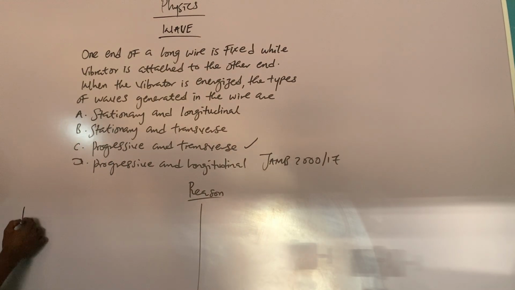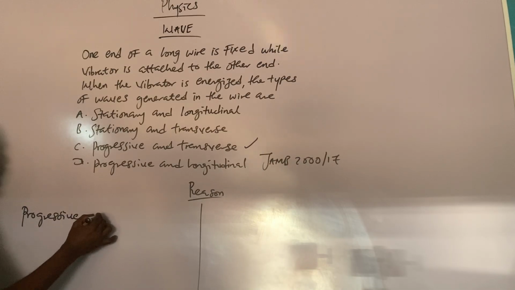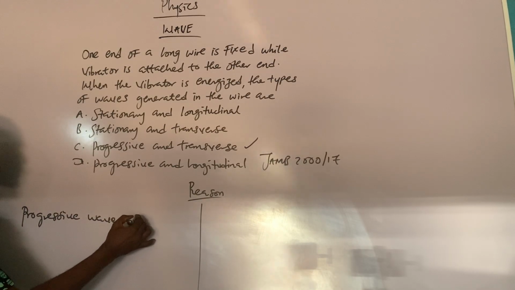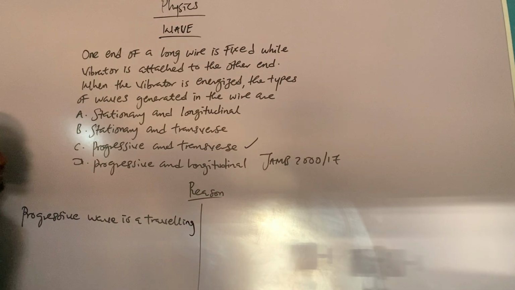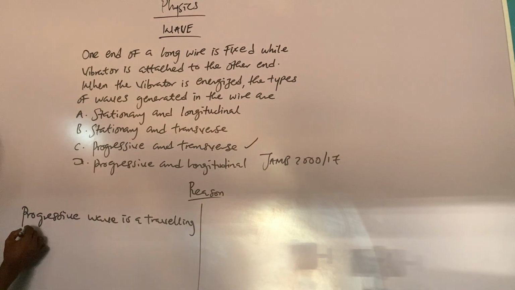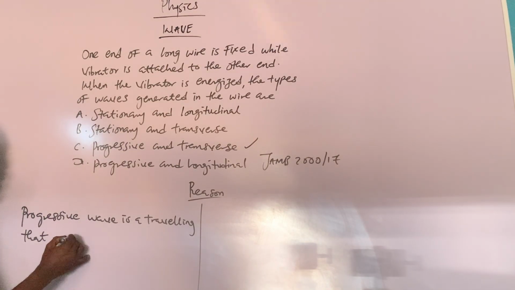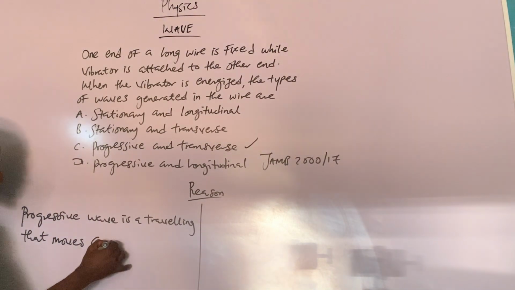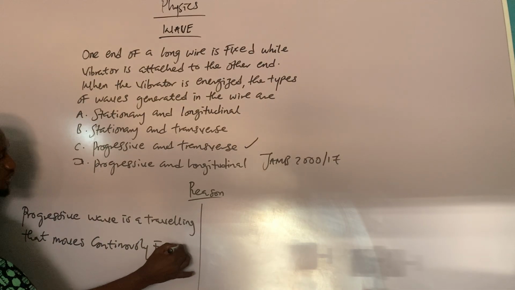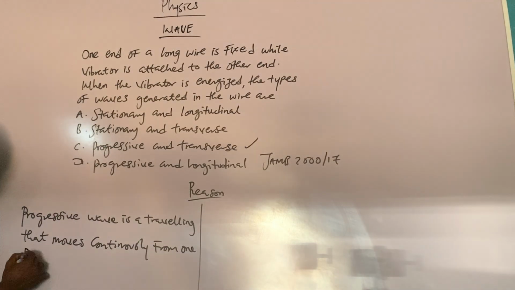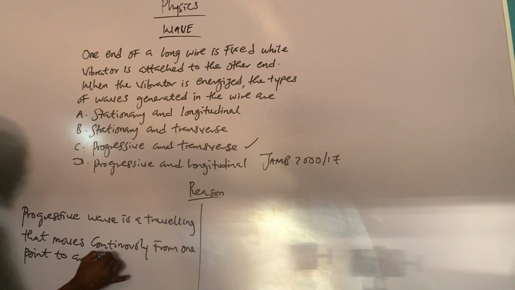And we say that a progressive wave is a traveling wave that moves continuously from one point to another.